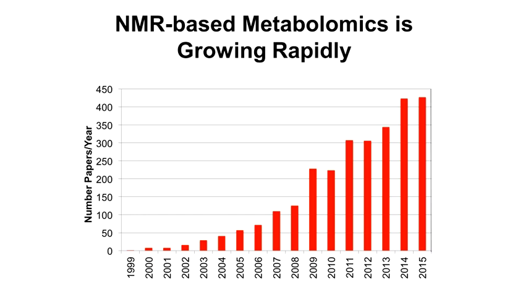From a few publications in 1999 to 420 this past year and about 600 for 2016. That's what the projection is. So relative to other fields in NMR, NMR-based metabolomics is the most rapidly growing. If you look at NMR and proteins, NMR and some aspects of imaging, it's relatively flat or in some cases even declining. So this is a hot area.